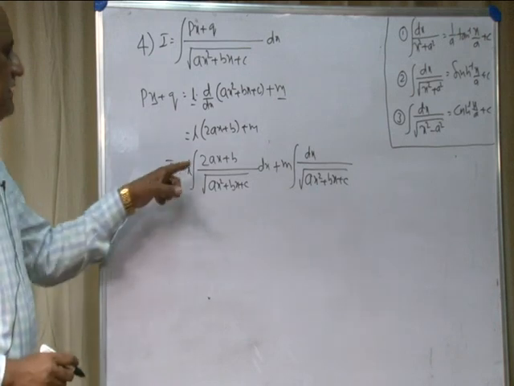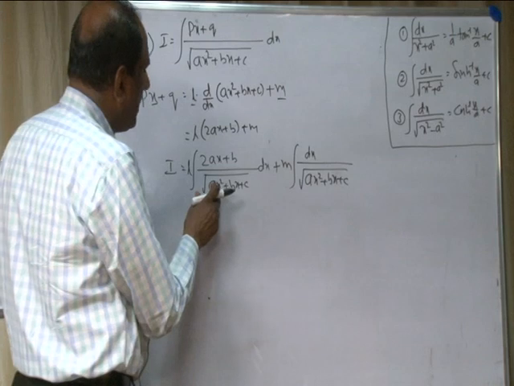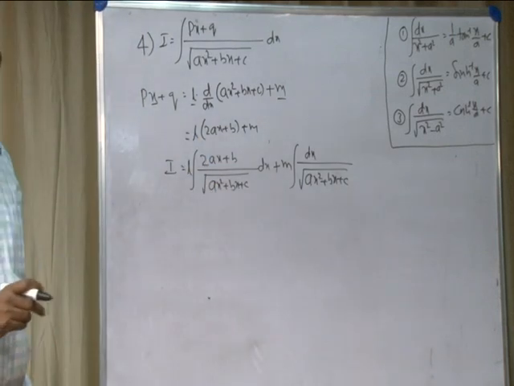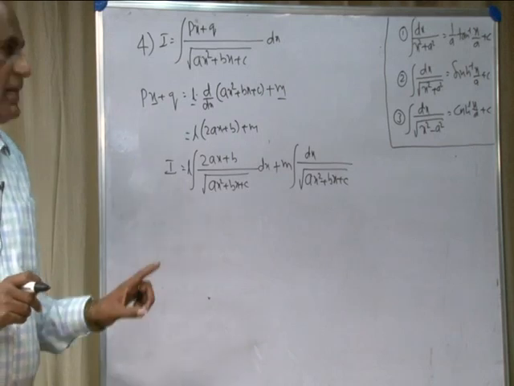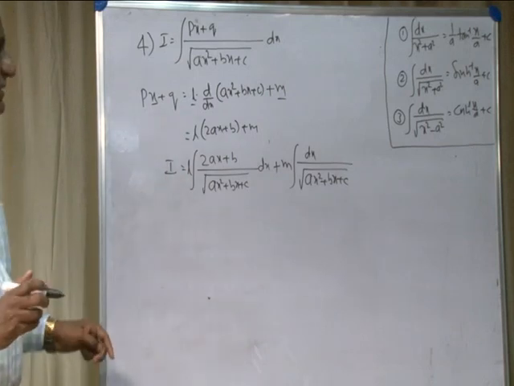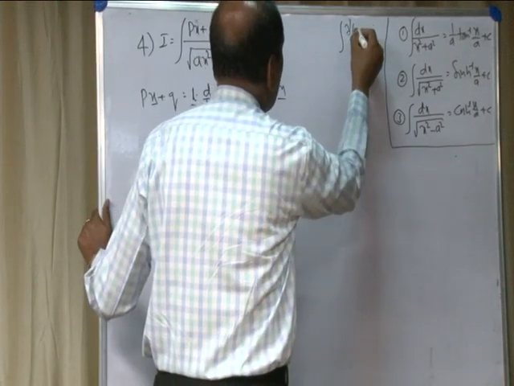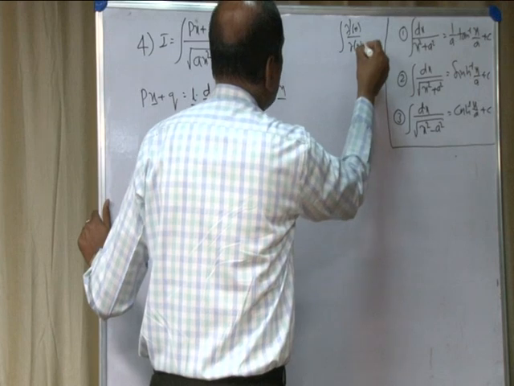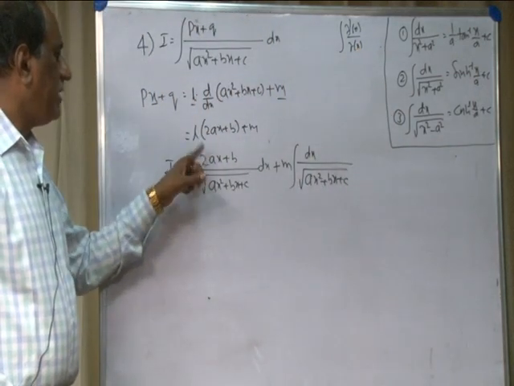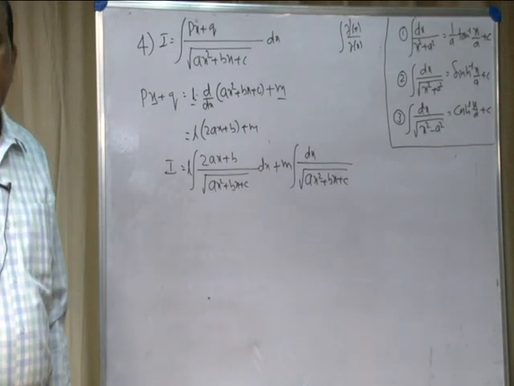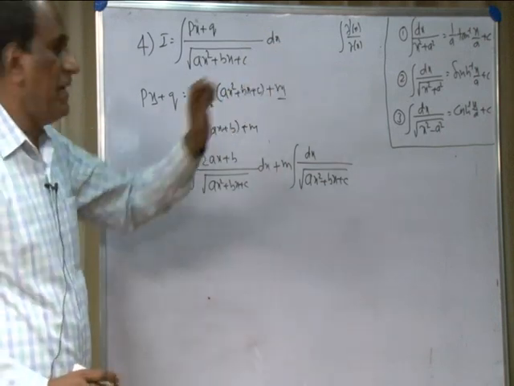Now this is of the form where the derivative of the denominator is exactly the numerator. So this is also of the form integral of f'(x) by the root of f(x), where f(x) is under the root sign. If you differentiate the denominator, you will get the numerator. Therefore take the substitution for f(x), that is in the denominator.